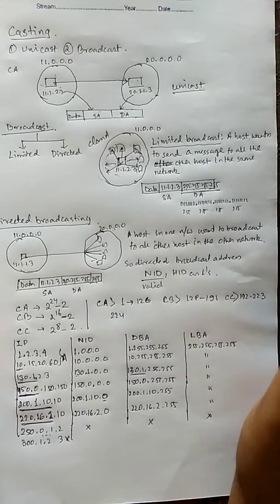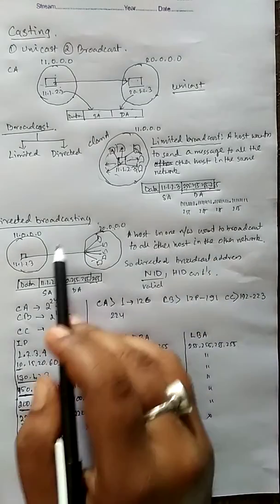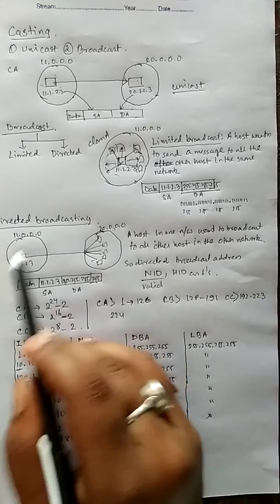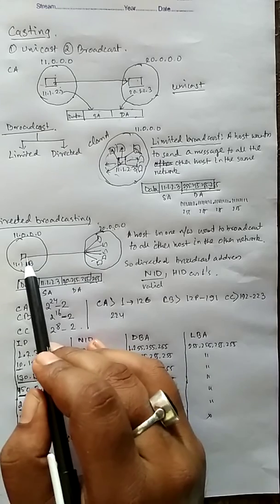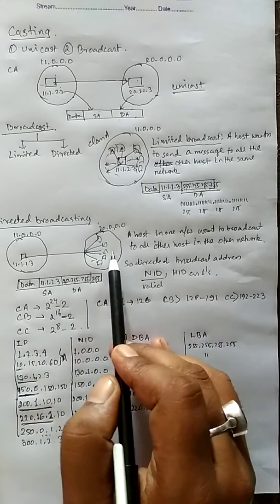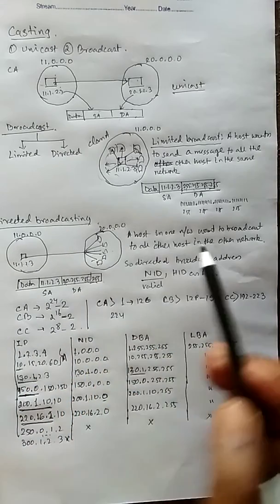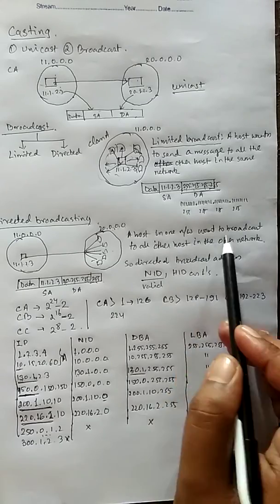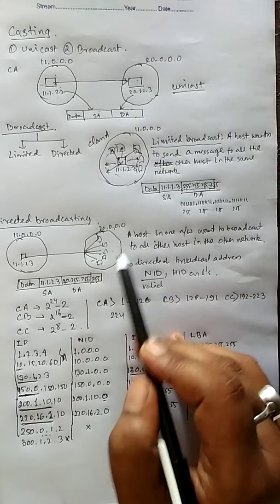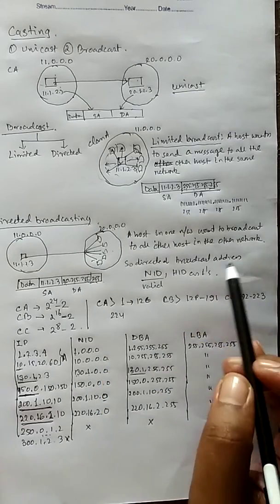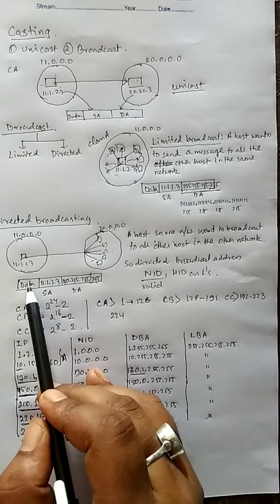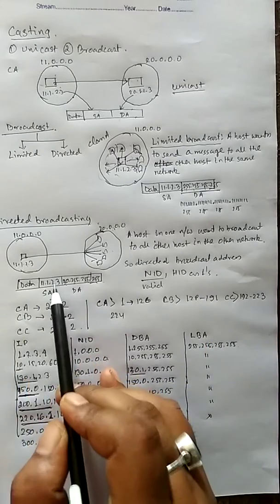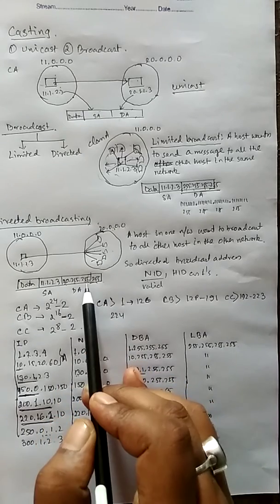Okay. Now what is the directed broadcast address? Directed broadcast address means you are sitting inside one network on one host, and you want to send some information to all the hosts of another network. So in that case, what will happen? This is the data, this is the source IP address, and this is the destination IP address.